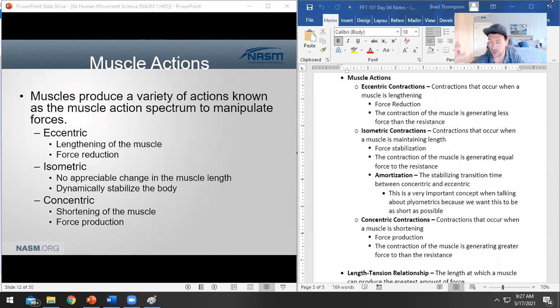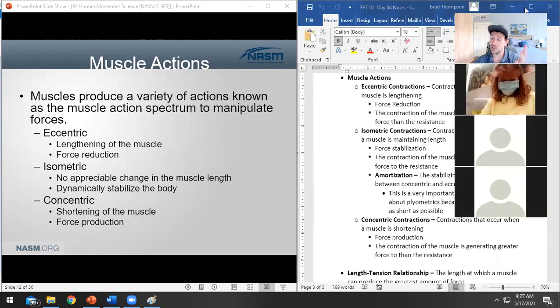So here's the thing that we've got to remember, and this is just a general rule of thumb. You're not going to find this in your textbook, but it'll really help with our understanding of muscles. Remember this about muscles, guys. Muscles can only pull. That's the only thing they can do. They can shorten themselves and pull and create a contraction.